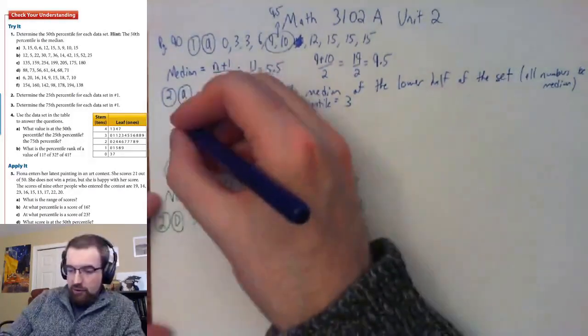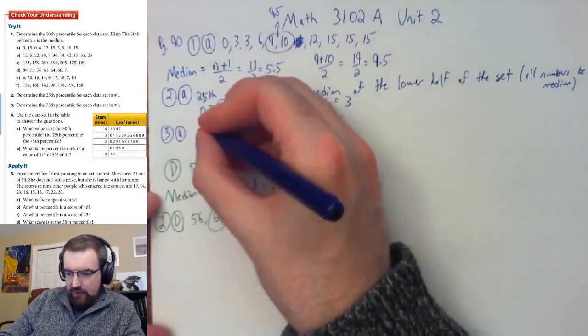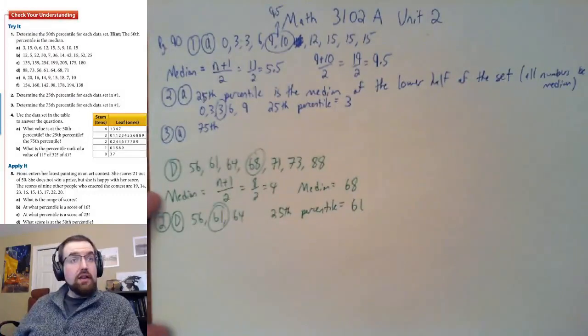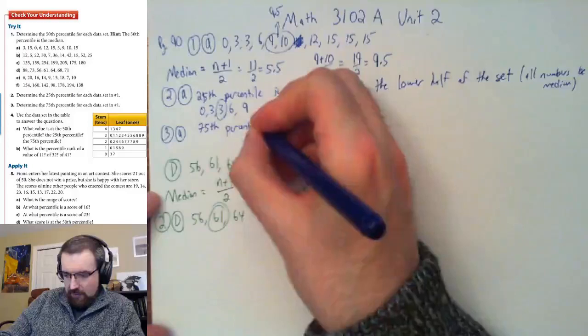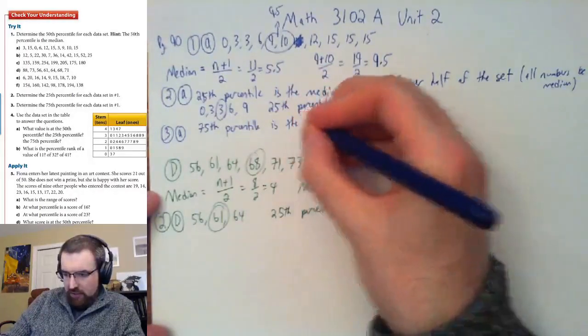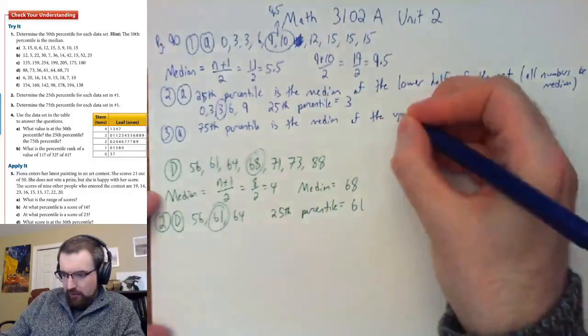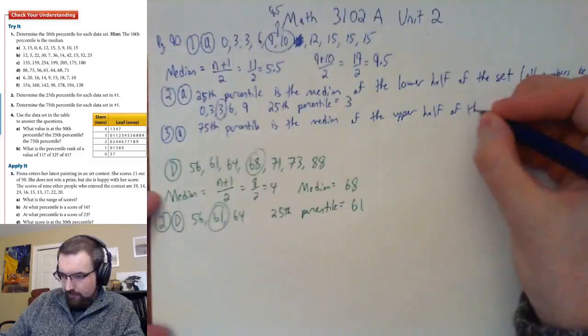So then for 3A, so the 75th, unsurprisingly now, if the 25th percentile is the median of the lower half, 75th percentile, guess what? Is the median of the upper half of the set.